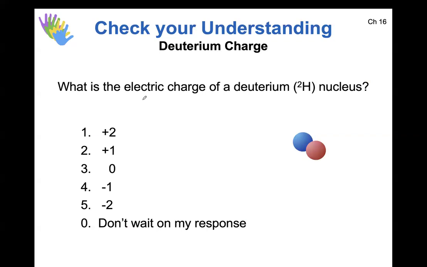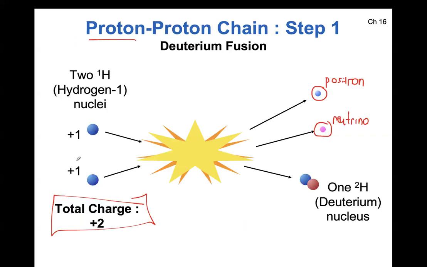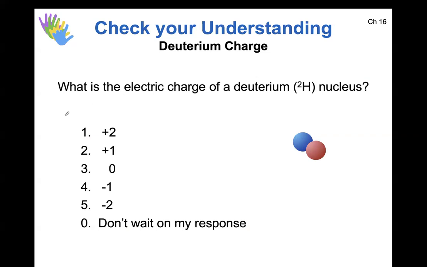So what is the electric charge of a deuterium? Because remember, we started with two charges. I've hinted that we're going to have an explanation of why the positron must be there. But before we get there, answer this question. What is the electric charge of a deuterium nucleus? Shown right there.